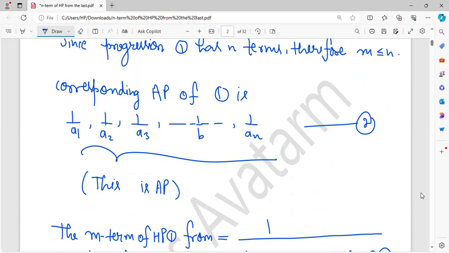By taking 1 upon that term, 1 upon 1 upon B, it will be B. In this way we can find the mth term from the last of an HP with the help of the mth term of AP from the last.